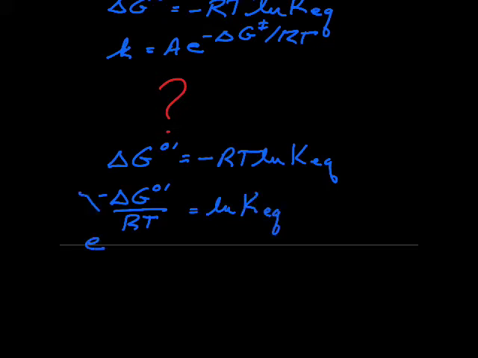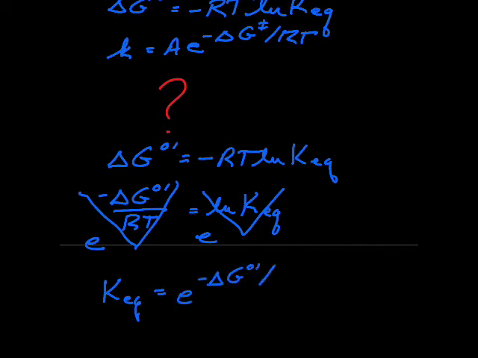And now we can take the exponential of each side of this equation, and that will give us KEQ equals e to the minus delta G0 prime over RT. And this bears a striking similarity to the other equation that we described above, the equation for the rate constant in terms of the activation energy for the reaction.